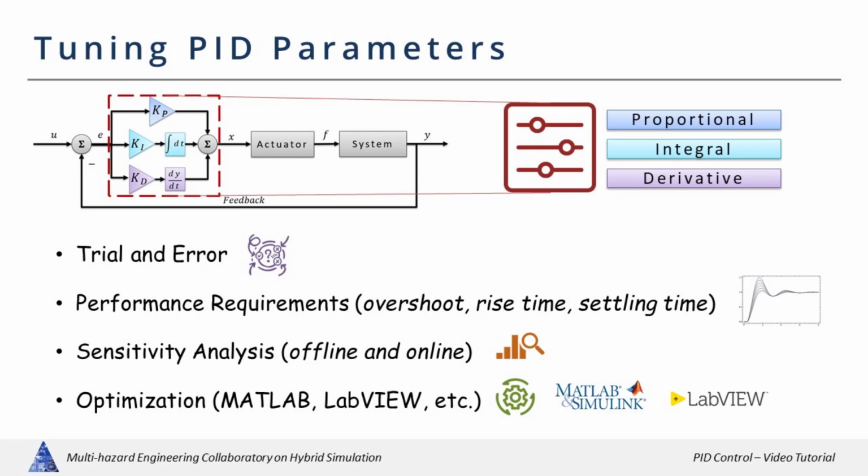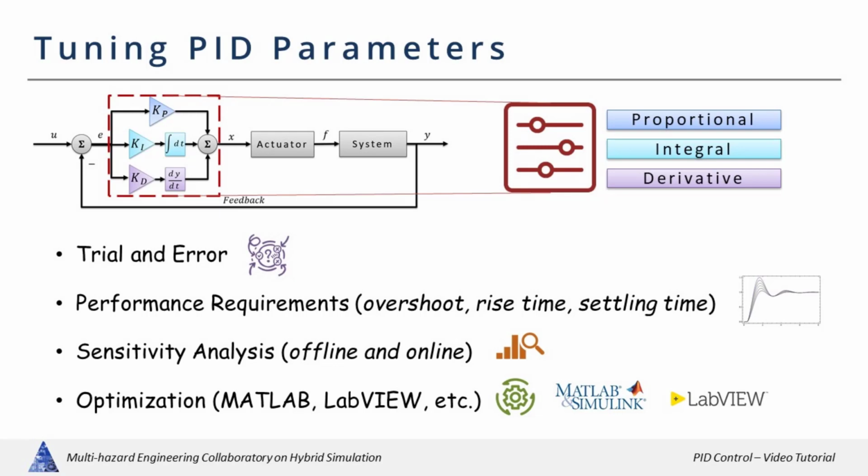The gains of the PID controller can be obtained through trial and error by subjecting the system to a step response or a simple input, or they can be determined based on specific performance requirements such as overshoot, rise time, and settling time.